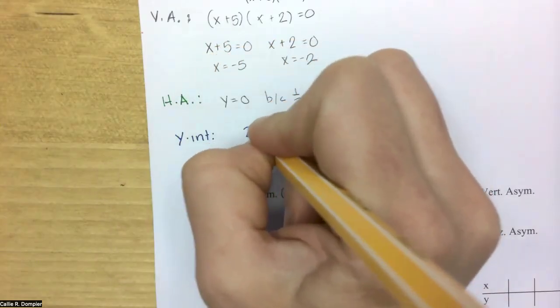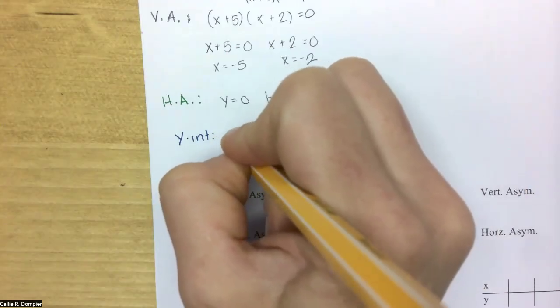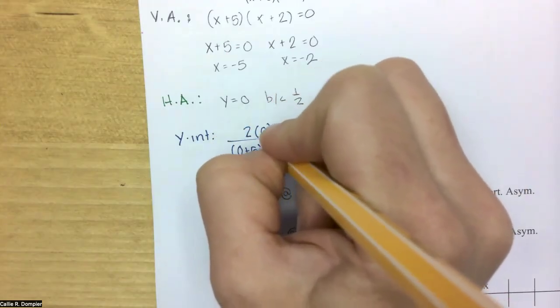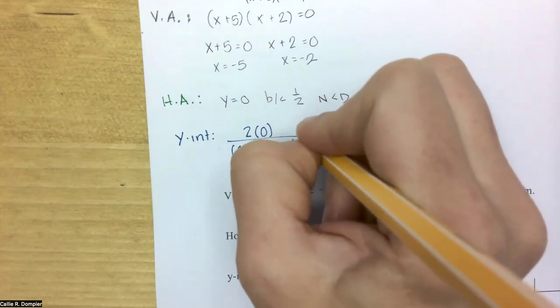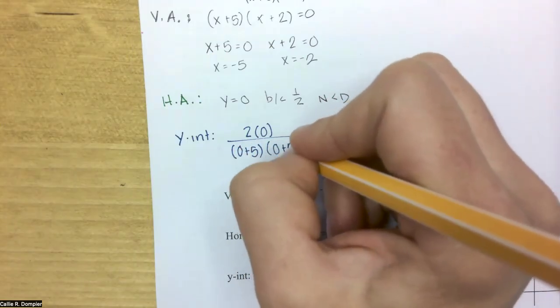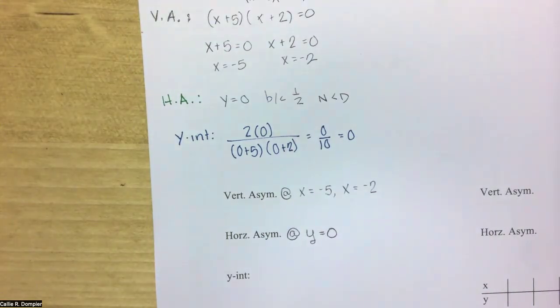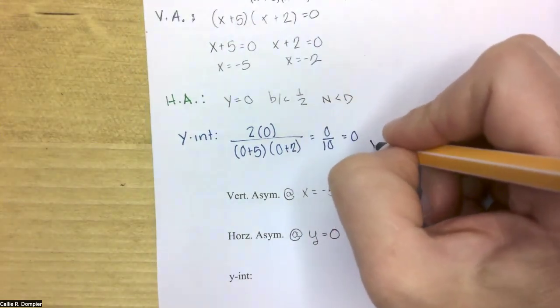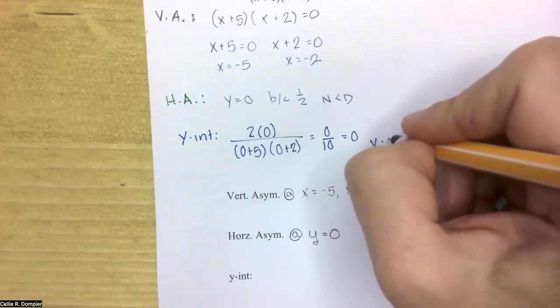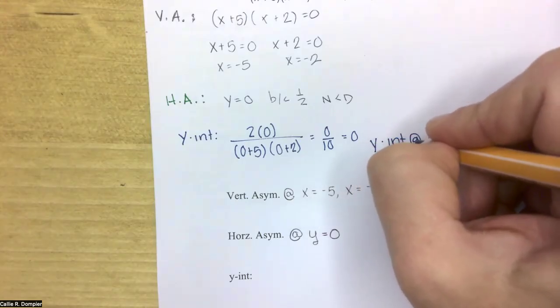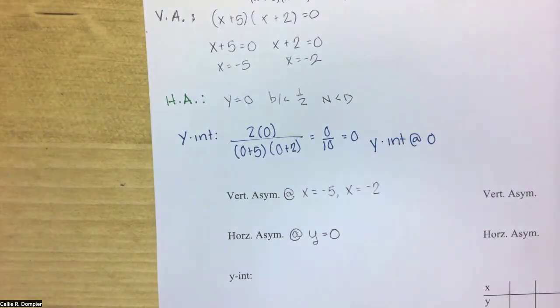Two times 0 over 0 squared plus 0 plus 10 is 0 over 10, which is just 0. So the y-intercept is at y equals 0.